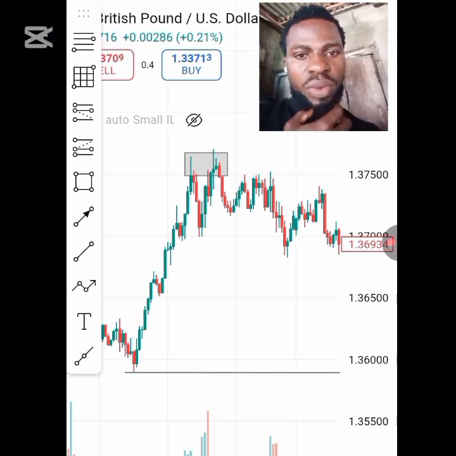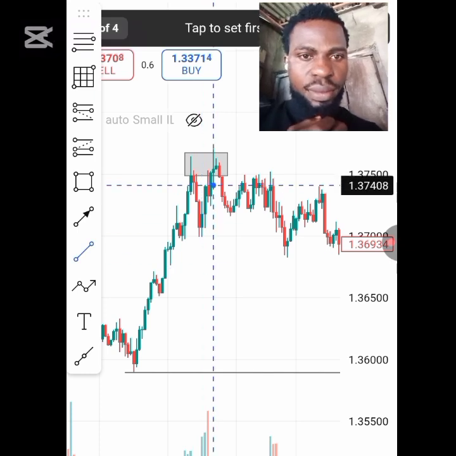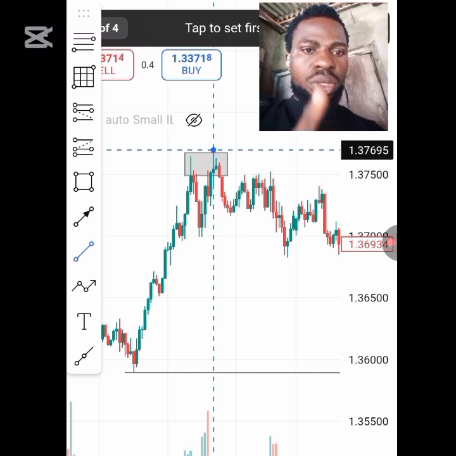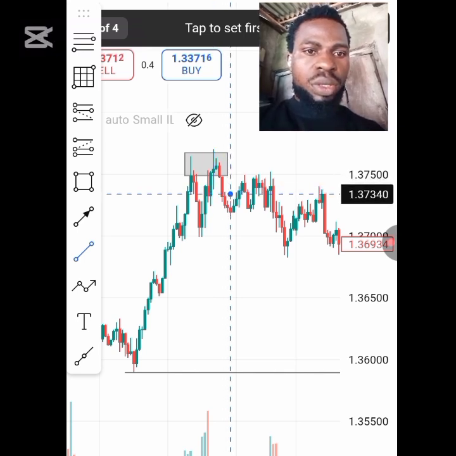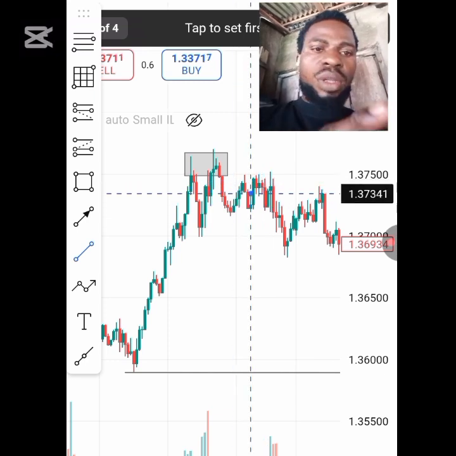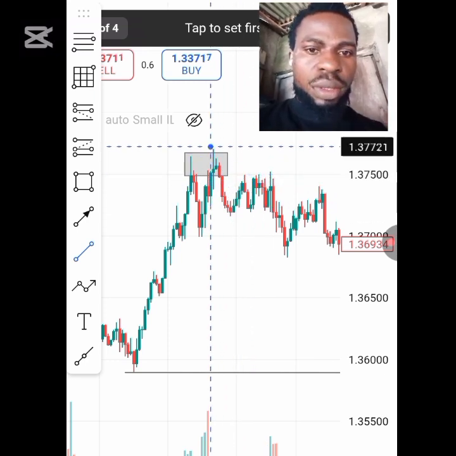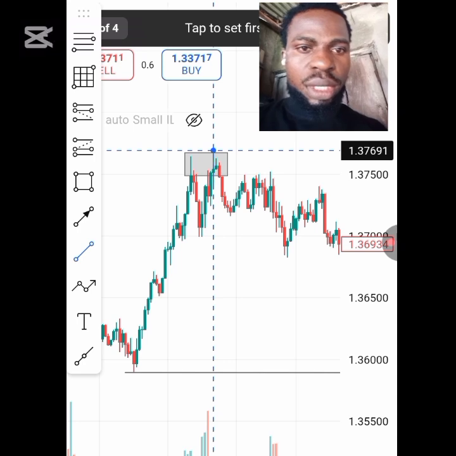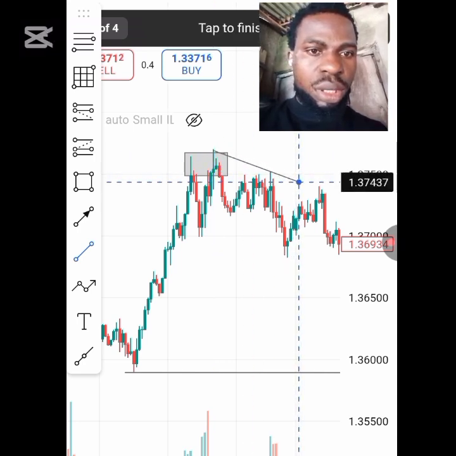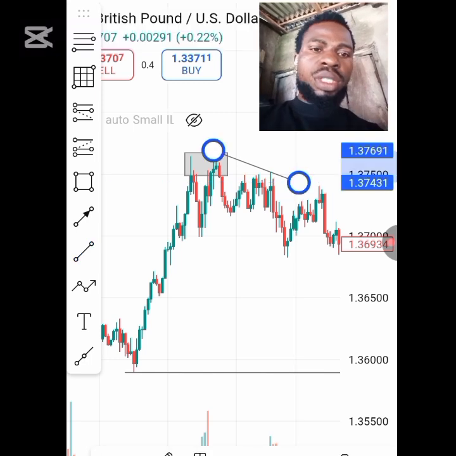So now when it formed this wick, what you need to do is wait for it to form another wick and reject. Whenever it forms the second wick, you connect the two wicks, your trend line.